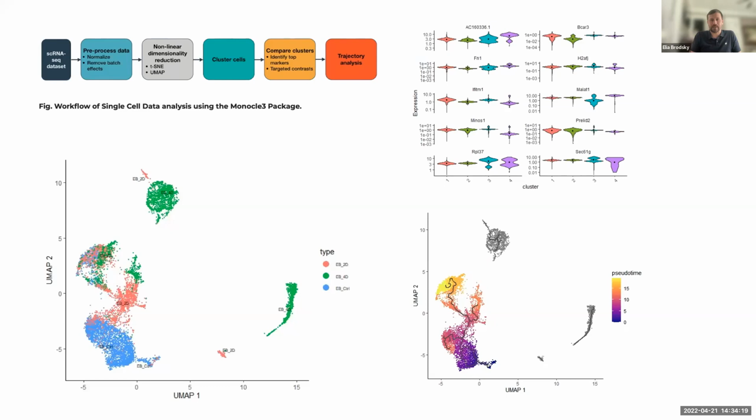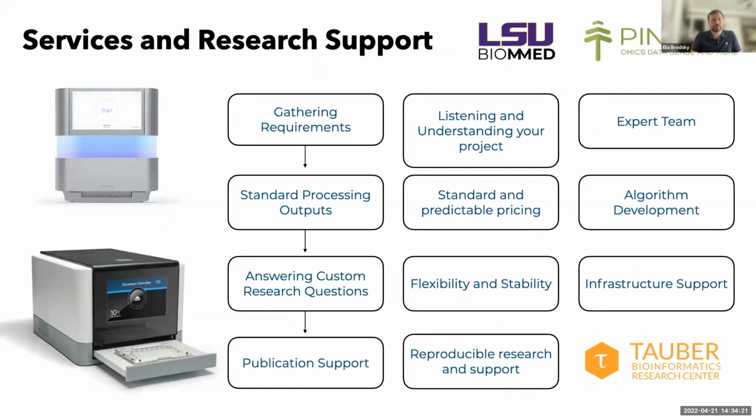So those are some of the examples, but I want to summarize this part of the presentation to really talk about some of the reasons why this makes sense. So first of all, we work closely with the team at the Biomed lab to really understand all of the information about the samples that they have, about the preparation, about the protocols that they use. And that allows us to fine tune our standard processing to the way that they process those samples on their end.